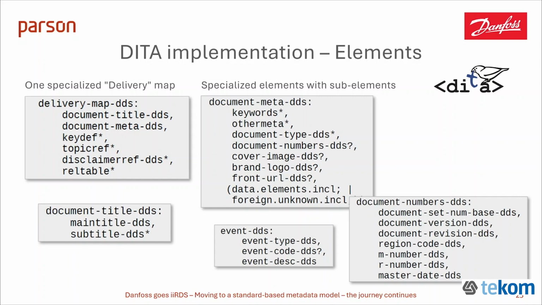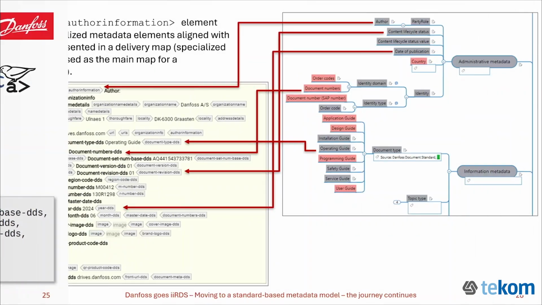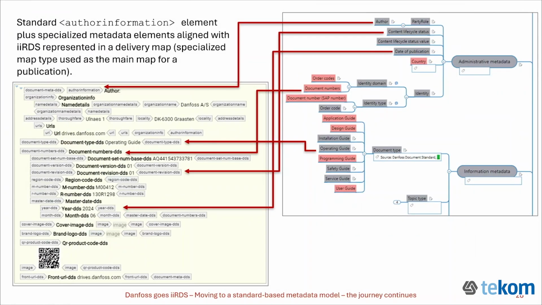Another set of metadata was implemented as specialized DITA elements, so that we could enrich the DITA content itself with Danfoss-specific metadata. Here's an example of the metadata we used. We used standard DITA elements, for example, the author information, and those were enhanced by specialized DITA elements, especially created for Danfoss.